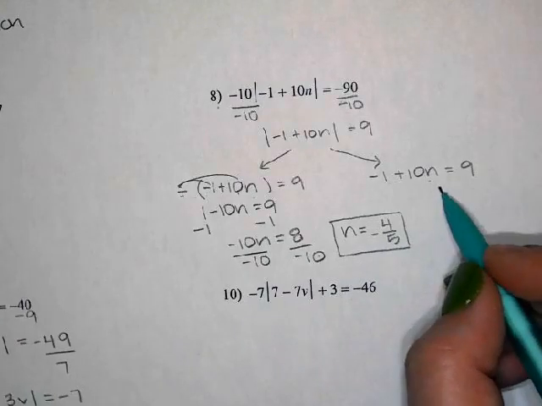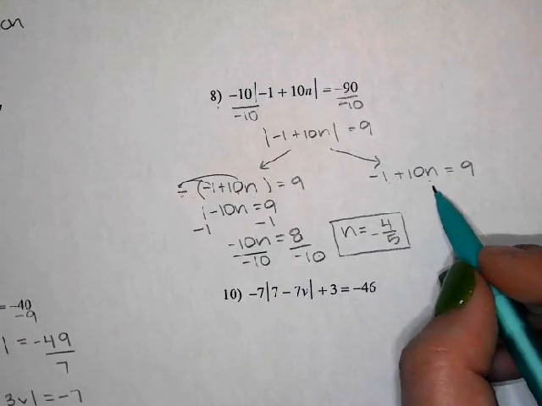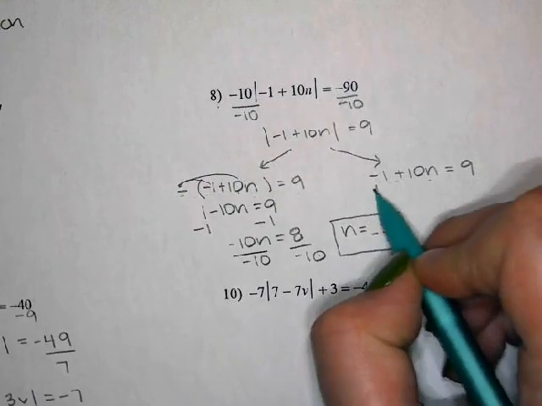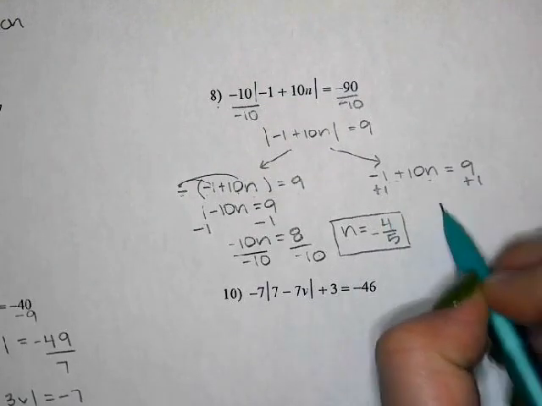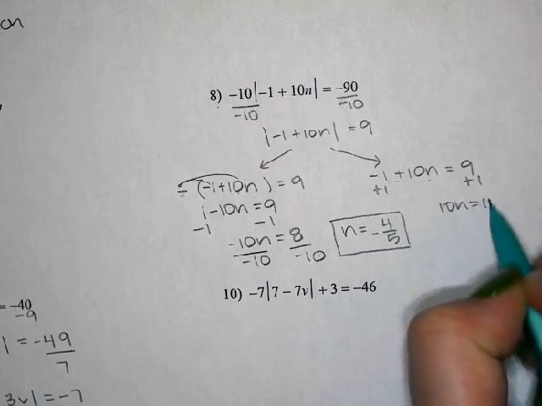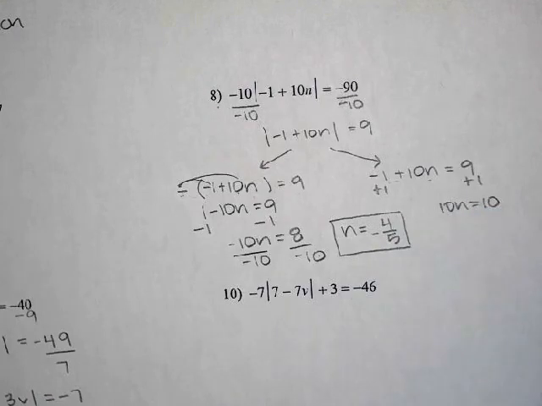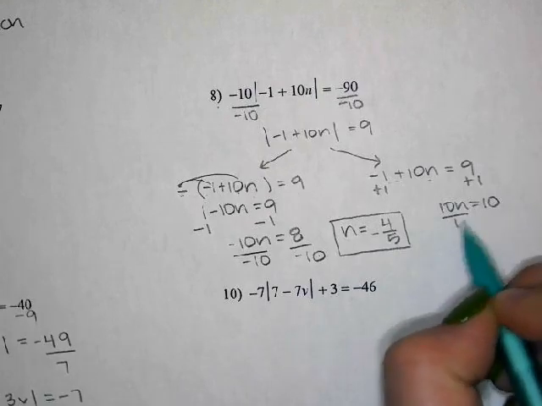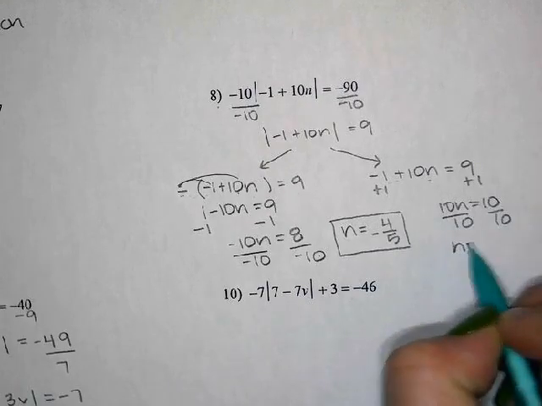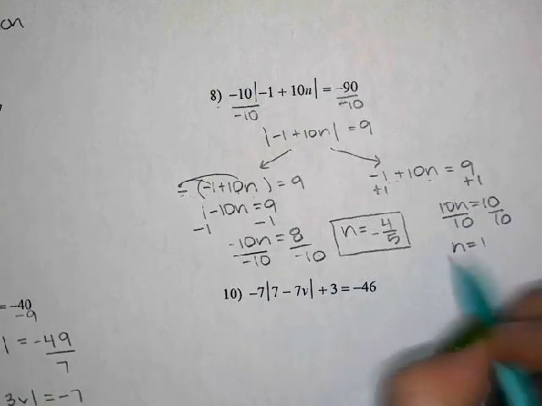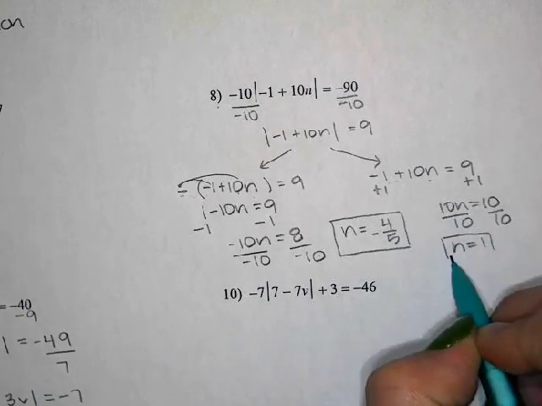Add 1. 10n equals 10. Divide by 10. N equals 1.